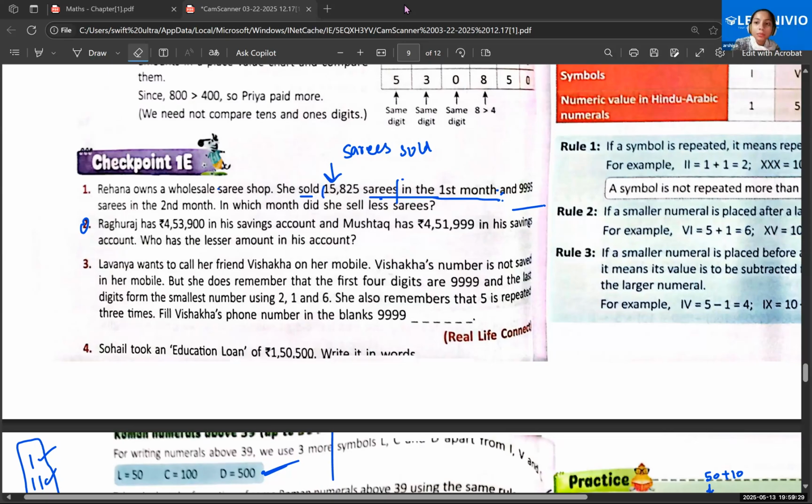Then Humaira, no need to solve, just write down the statements.